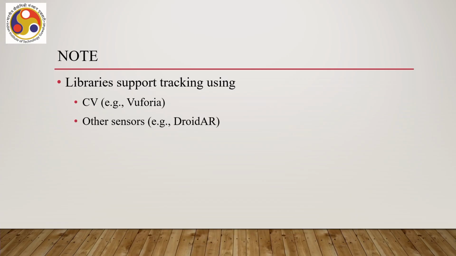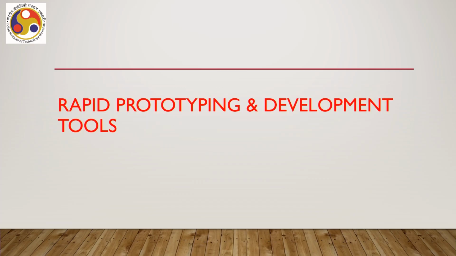Now, various libraries, as we have mentioned earlier, support tracking, but they can support it in different ways. For example, computer vision can be used to support tracking, which is there in Vuforia, or other sensors can be used for tracking support. For example, Droid AR uses other sensors for tracking support.